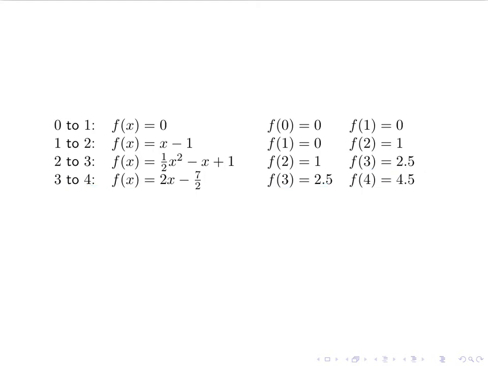So I'm going to plot those points first, and then I'm going to see how to connect them. So for 0 to 1, 1 to 2, and 3 to 4, they're just straight lines. So as soon as I have those endpoints plugged in, I'm just going to connect them with a straight line. However, we have to be careful because from 2 to 3, we have a quadratic. So in order to draw our quadratic nicely, we need to find out where the vertex is. So I'm going to do that next.